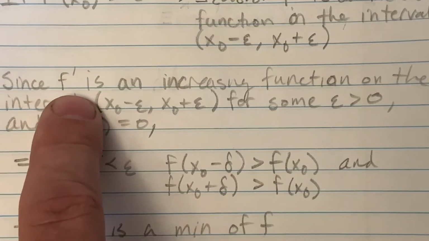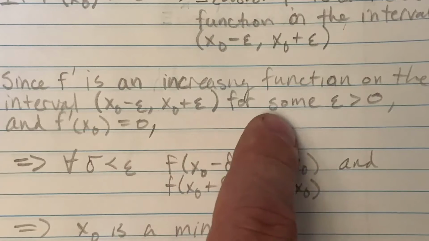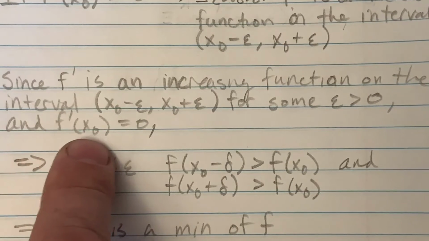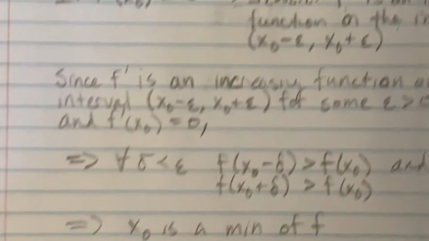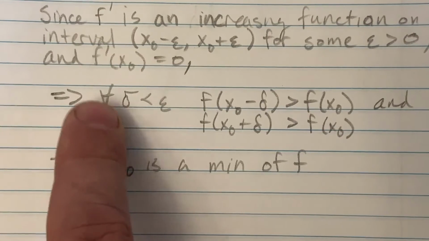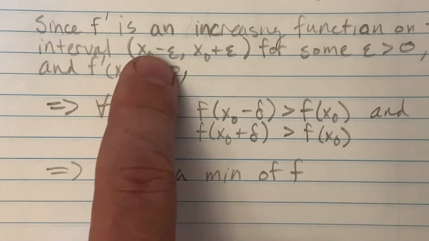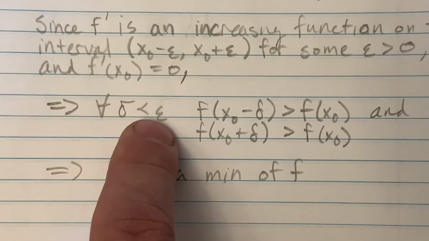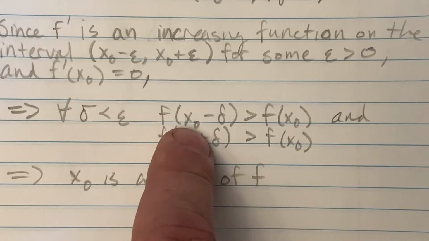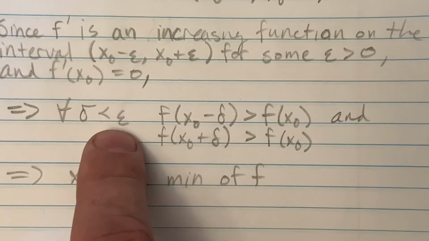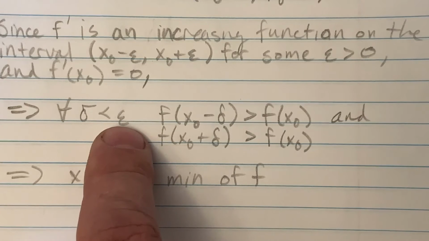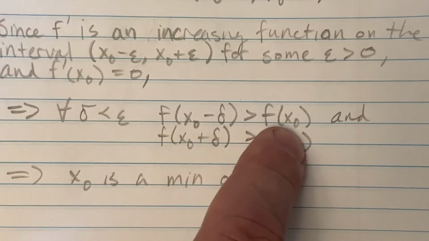All right, now since the first derivative of f is an increasing function on this interval for some epsilon greater than 0, and because the first derivative of f at x naught is 0, meaning the tangent line is horizontal, that implies that for all delta less than epsilon, so basically for any point on this interval, the function f evaluated at x naught minus delta, so some number smaller than x naught but bigger than x naught minus epsilon, is greater than it is when evaluated at x naught, right?